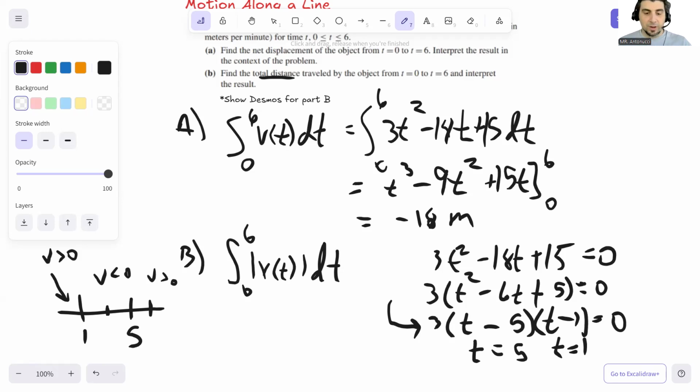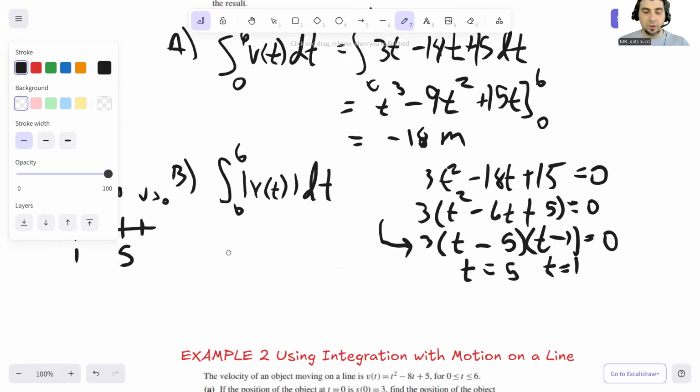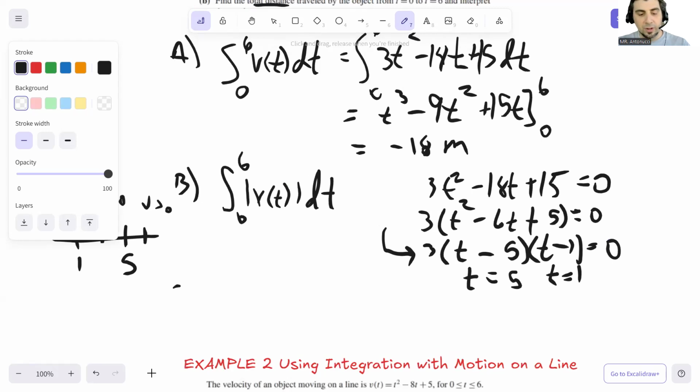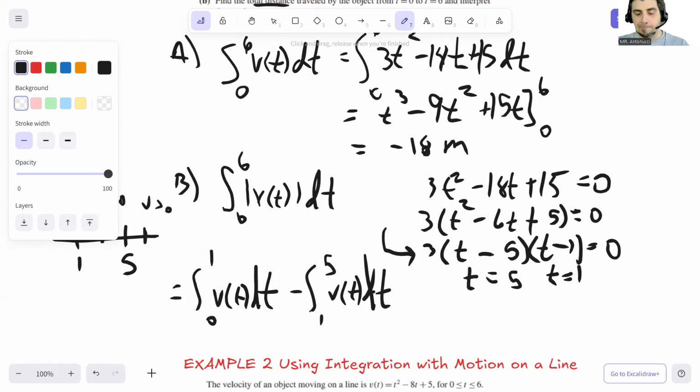So in terms of computing this integral, we would have to do the integral from 0 to 1 of v of t dt minus the integral from 1 to 5 of v of t dt plus the integral from 5 to 6 of v of t dt. And after you anti-differentiated, plugged in all the values, and simplified, you would get 46.